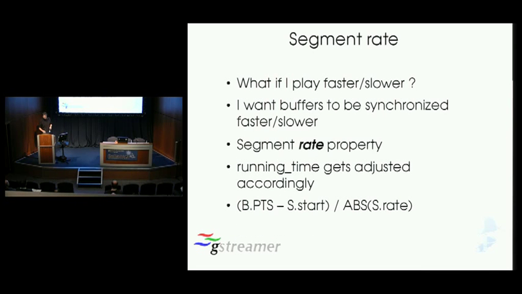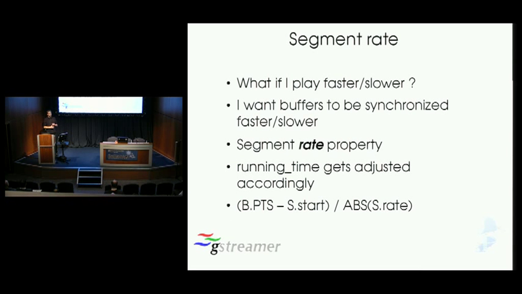Moving on. Great. So what happens if I want to play faster or slower? We have several solutions. Let's say I want to play this video test source pipeline 2 times faster. I want it to essentially synchronize buffers faster. The difference between each buffer running time should be smaller.